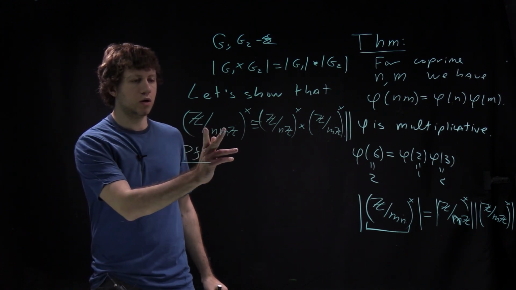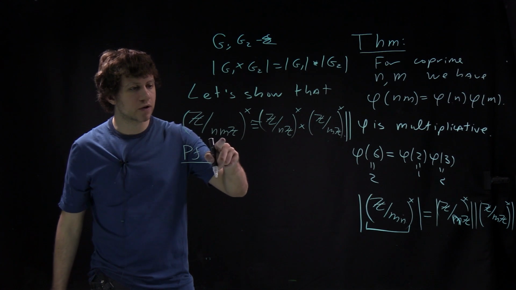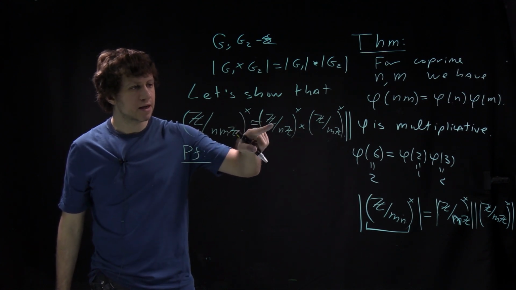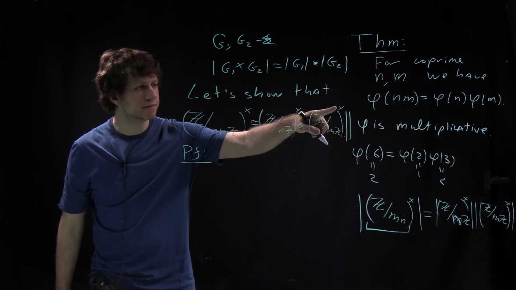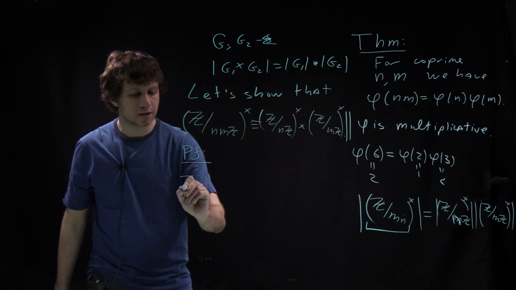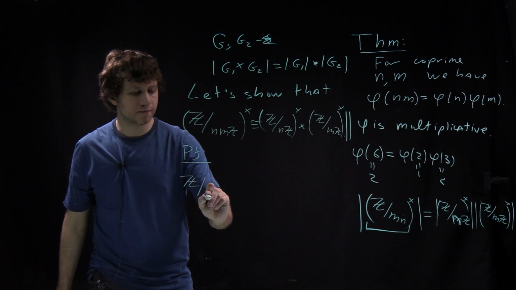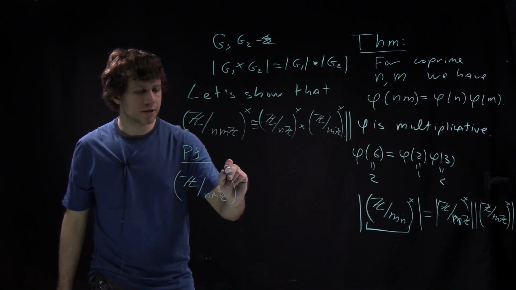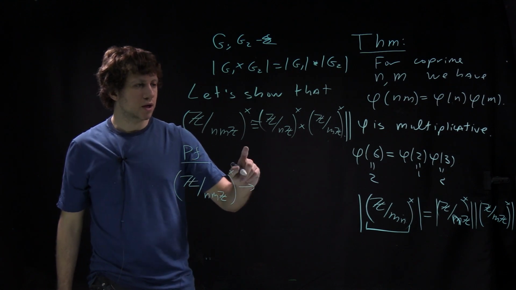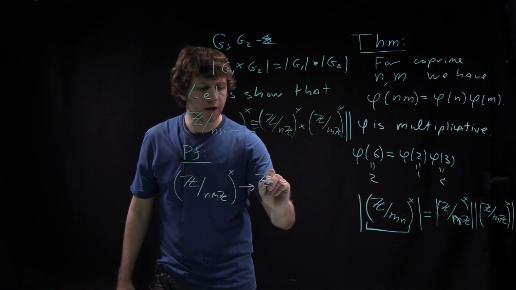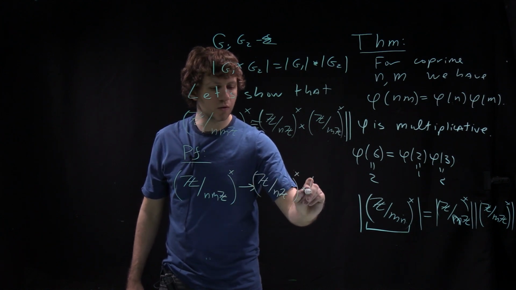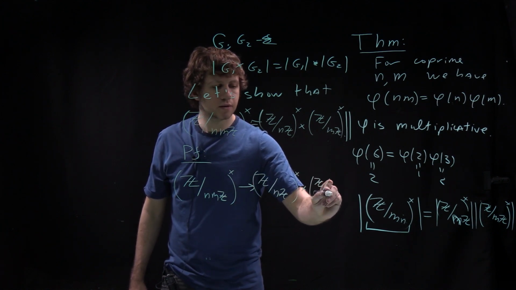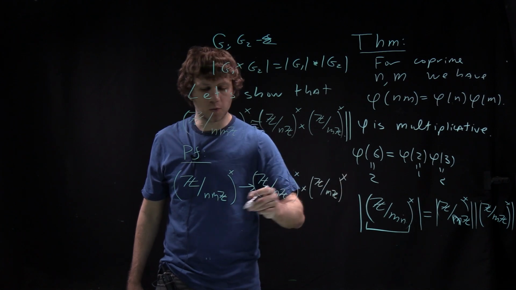Let's take (Z/nmZ)^× and send it to (Z/nZ)^× times (Z/mZ)^×. How to do that? There is one naive idea, and it is as follows.